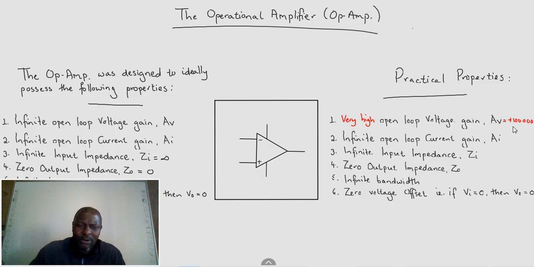Instead of achieving infinite open loop current gain, we also got very high. You will realize that we didn't really fall far off because this was our design. If you aim high, you always get close to your aims. Now, you might not get exactly what you wanted.